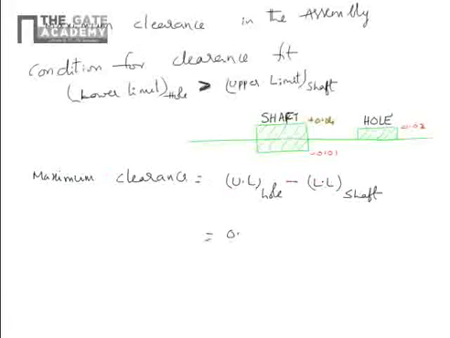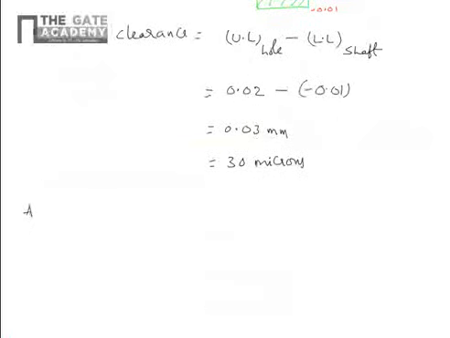Upper limit of hole is 0.02 minus lower limit of shaft, minus 0.01, it is 0.03 mm, that is 30 microns. Answer is C.